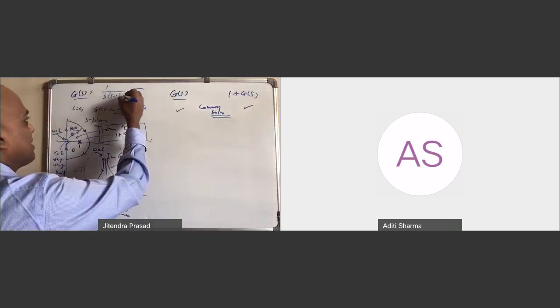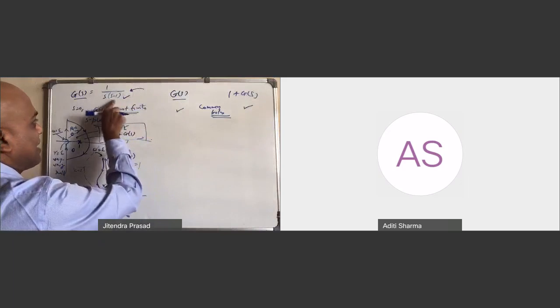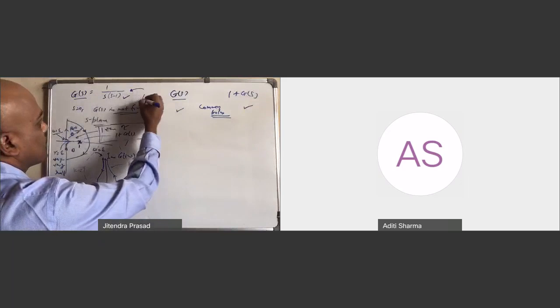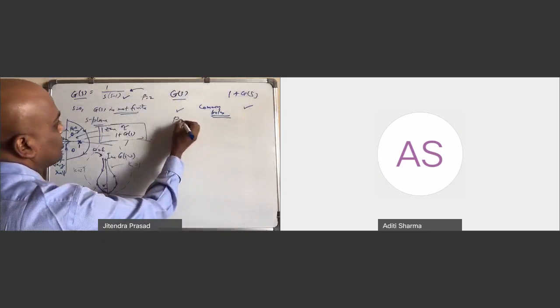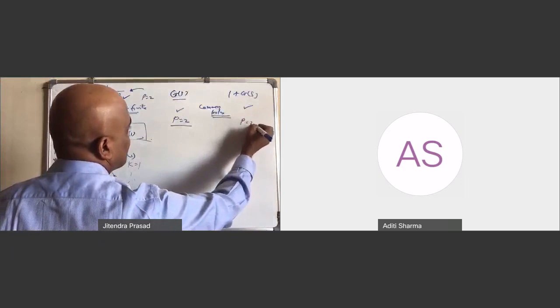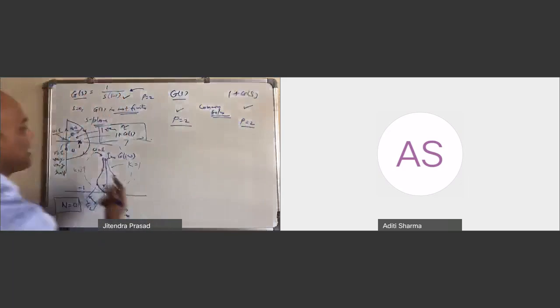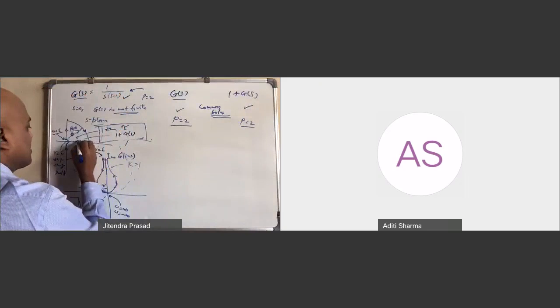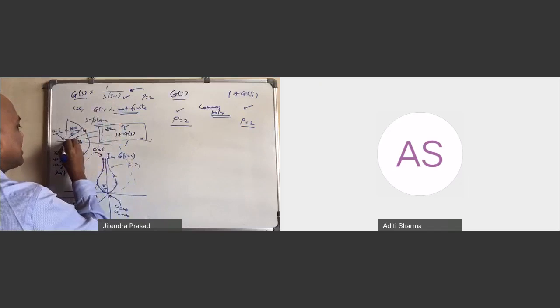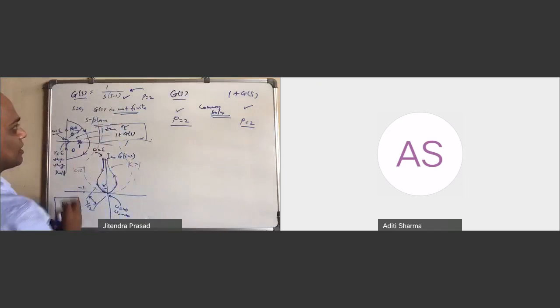If you are given G(s), you can find out how many poles there are. In this case, we are getting P equal to 2, and hence this will be valid for this also. P equal to 2 for this also, right? And hence you can just see where the value is. From here we have 1 here, and at s equal to 1 here.